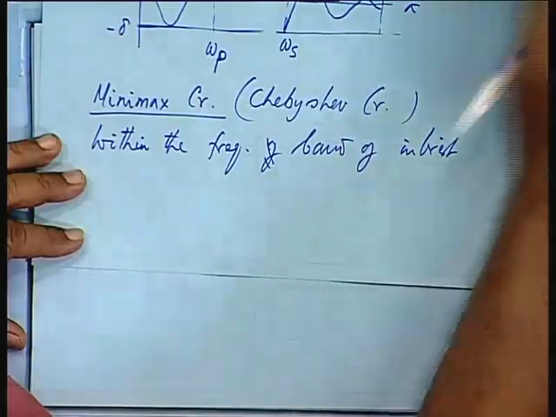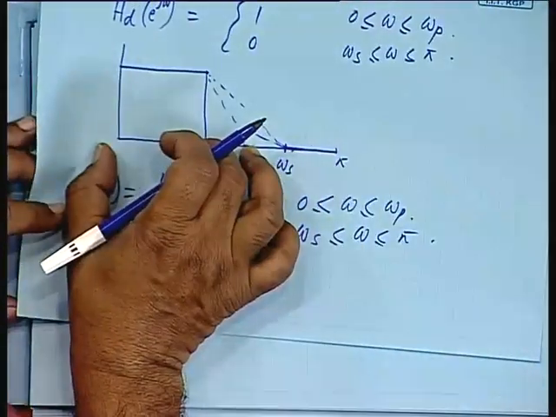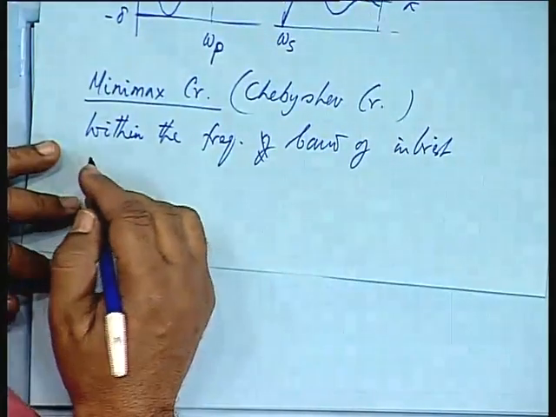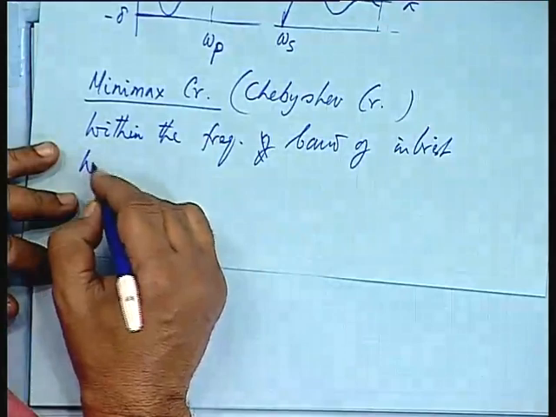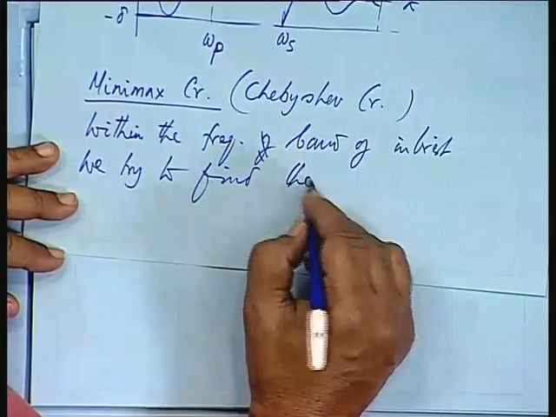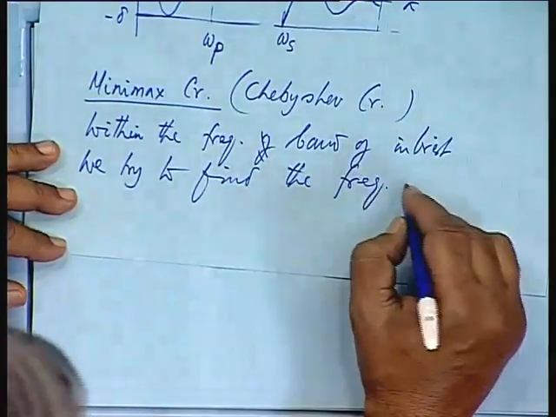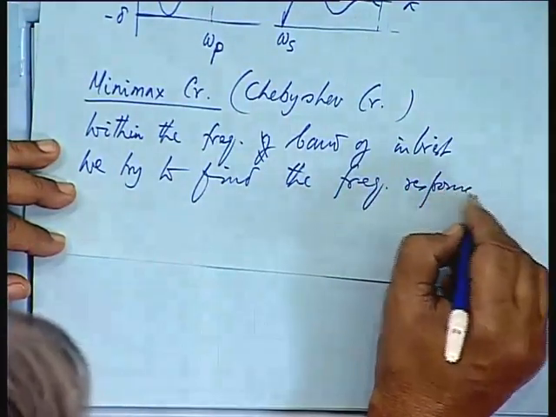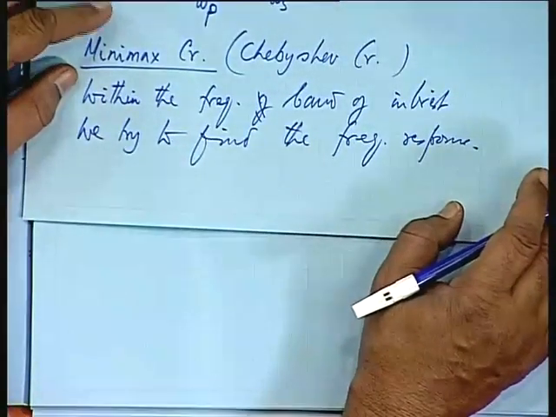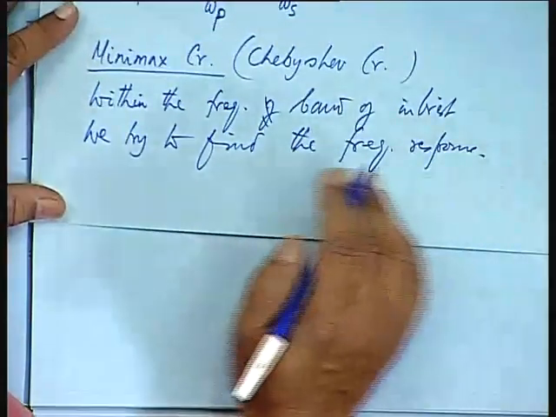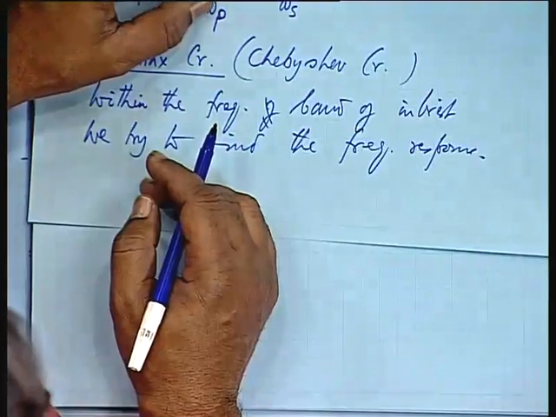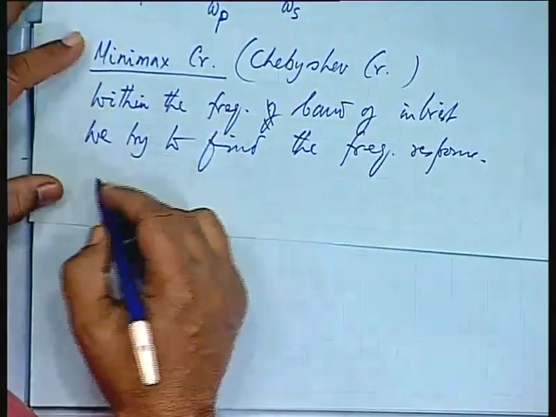It is the pass band and the stop band, 0 to omega p and omega s to pi.